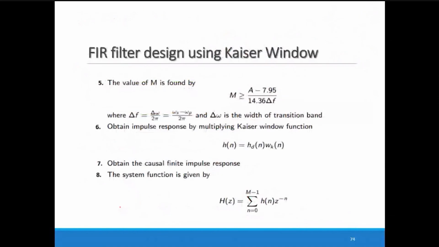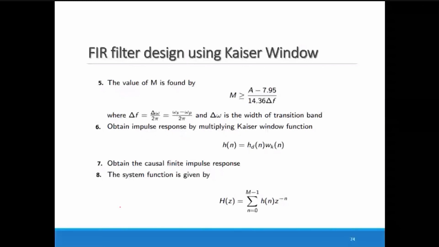For the calculation of M, the equation is M is greater than or equal to A minus 7.95 divided by 14.36 delta f. So it's a general equation you have to apply. Here delta f is given by delta omega upon 2 pi.